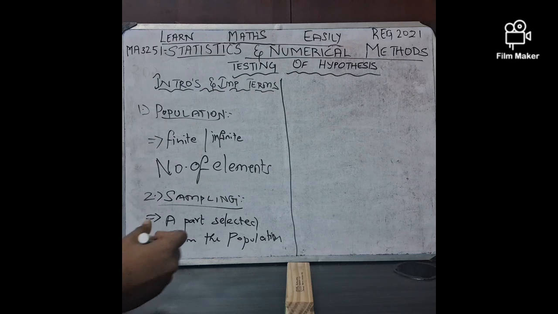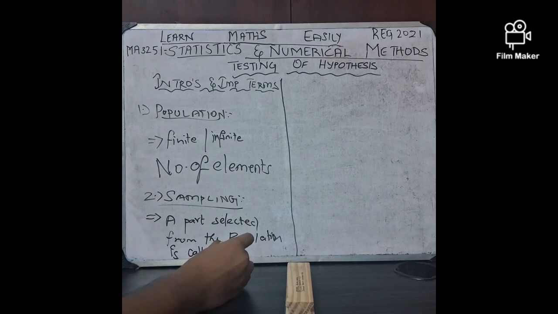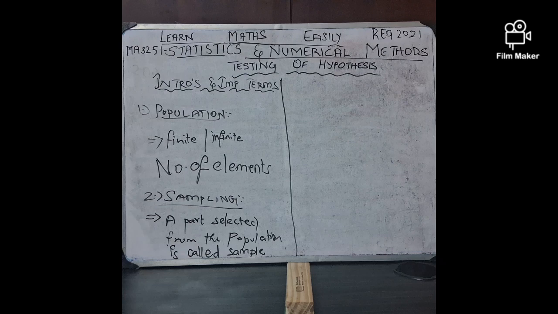A part selected from the population is called a sample, right? That is the definition for sample. The process of selection of a sample is called your sampling.